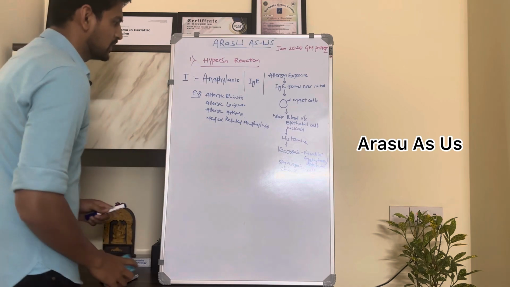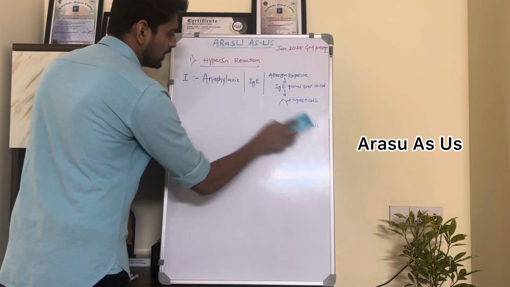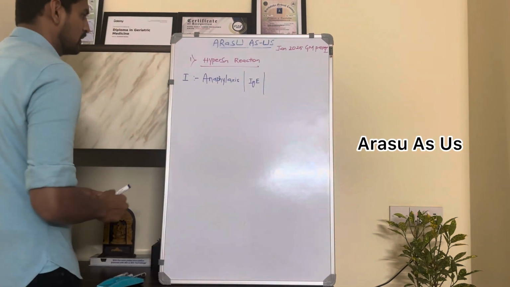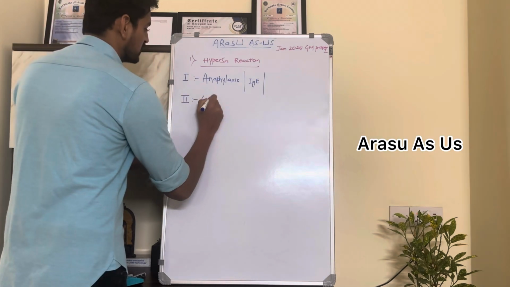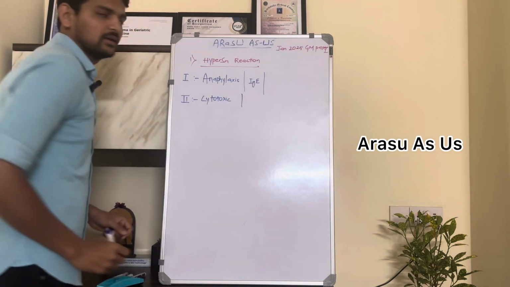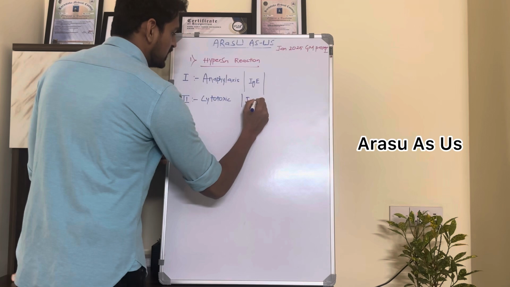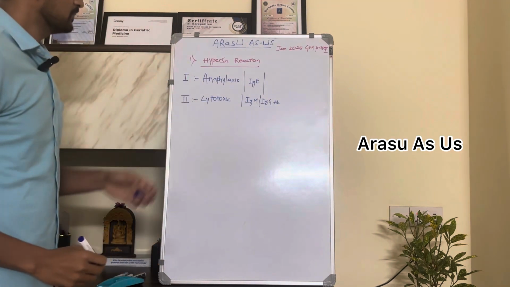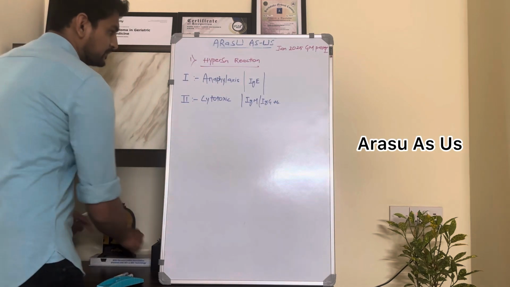Coming to type 2 hypersensitivity reaction. So here in type 2, we can consider cytotoxic, and here the exaggerated cells or the system will be mainly IgM or IgG antibodies. So the mechanism here is there will be a fixed antigen.